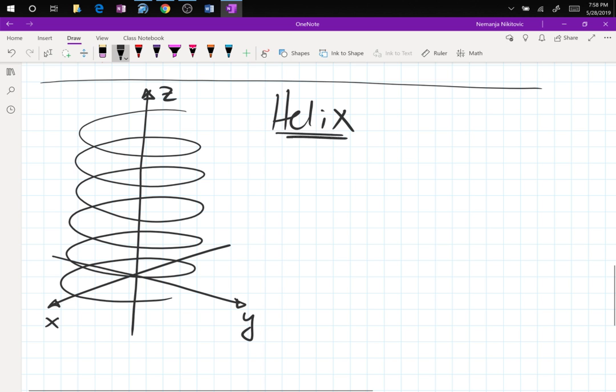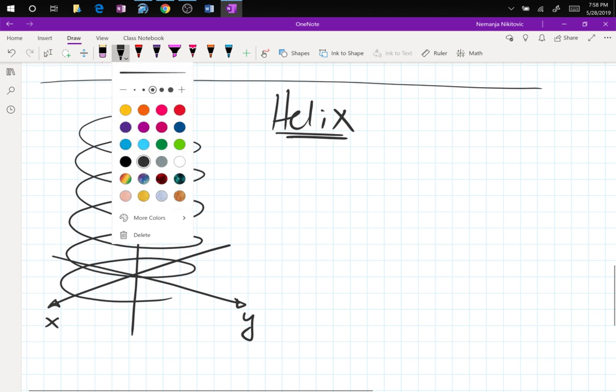Helix. It's a spring in your pens. So when you look at this one from the top view, you will see a circle.